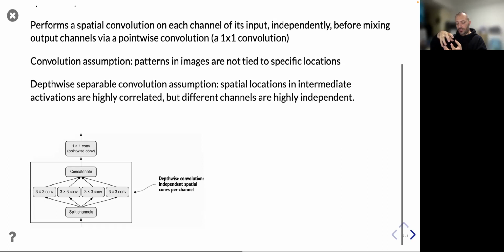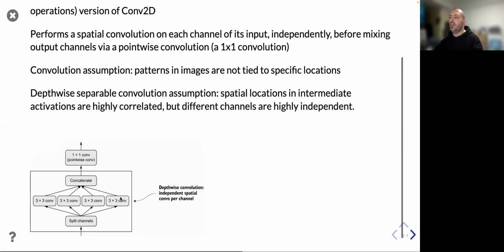Then instead of treating all of it as one thing and making many computations, we break it into 64 of them, and then we apply a convolution. It could be, for example, 1 by 1, or here it could be 3 by 3. And then we take all of them, the 3 by 3, we concatenate them, and then we apply this pointwise convolution, which will be 1 by 1, to have the number of output channels that we want.